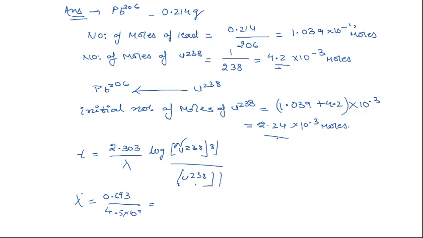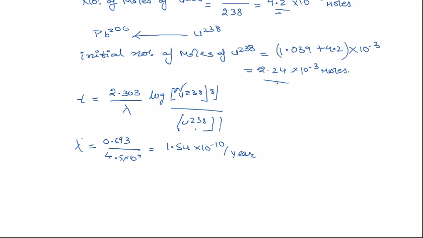So what will be your lambda? Lambda would be 1.54 into 10 to the power minus 10 per year. Right? Just put the values and get your age of the rock, that is the uraninite mineral.